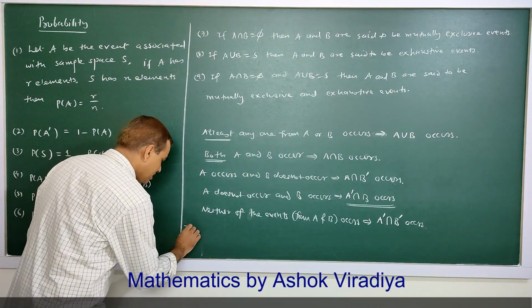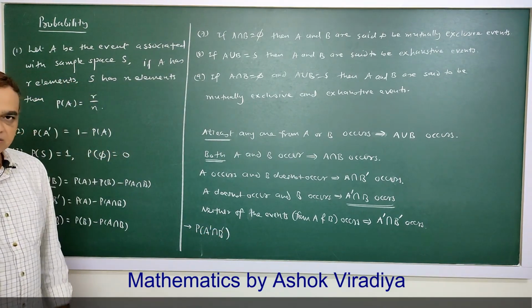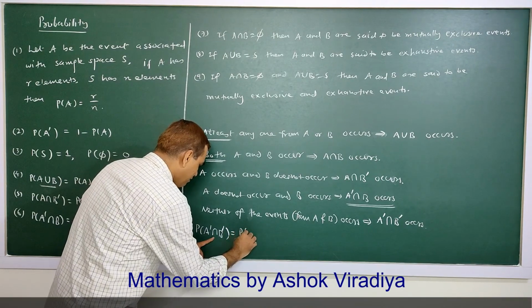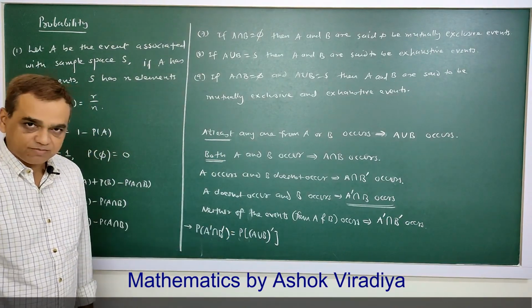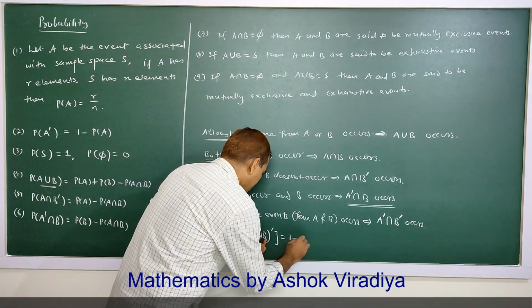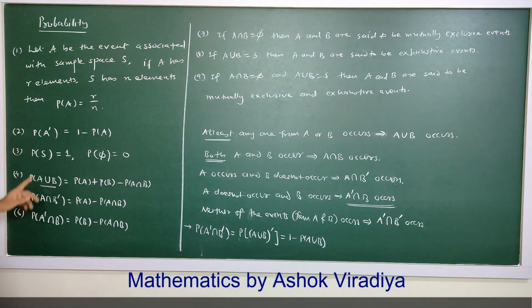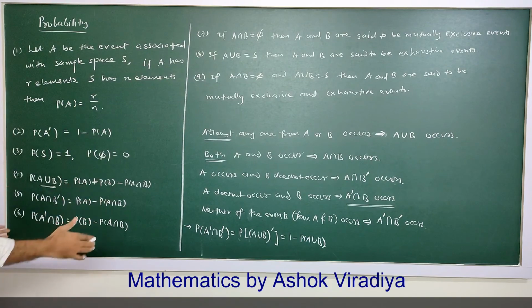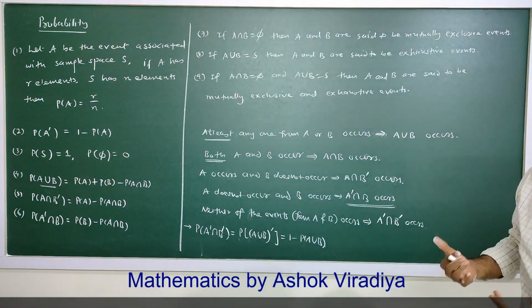That means if you want to find P of A dash intersection B dash, we do this as P of A union B whole dash, so De Morgan's rule is used, and this is equal to 1 minus P of A union B. P of X dash is 1 minus P of X. So these are basics of probability which we will use in this new topic, which is continued in 12th class.